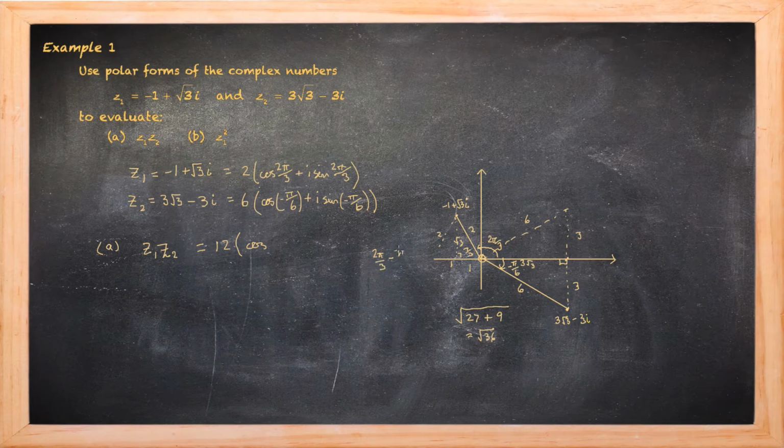I think we'd maybe better think in terms of sixths of pi. So multiply top and bottom by 2, 4 pi upon 6. 4 lots of pi upon 6 minus 1 lot of pi upon 6 will give us 3 lots of pi upon 6. And a factor of 3 top and bottom cancels: pi upon 2. So we've got cos pi upon 2 after we add the two arguments together, plus i sine pi upon 2.